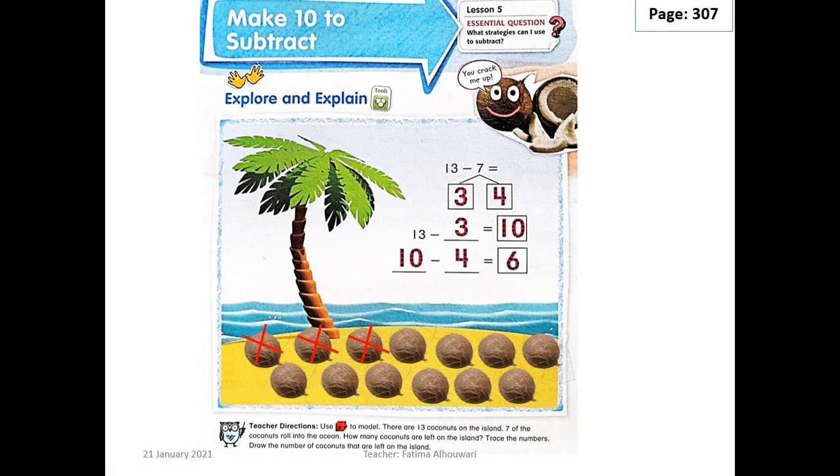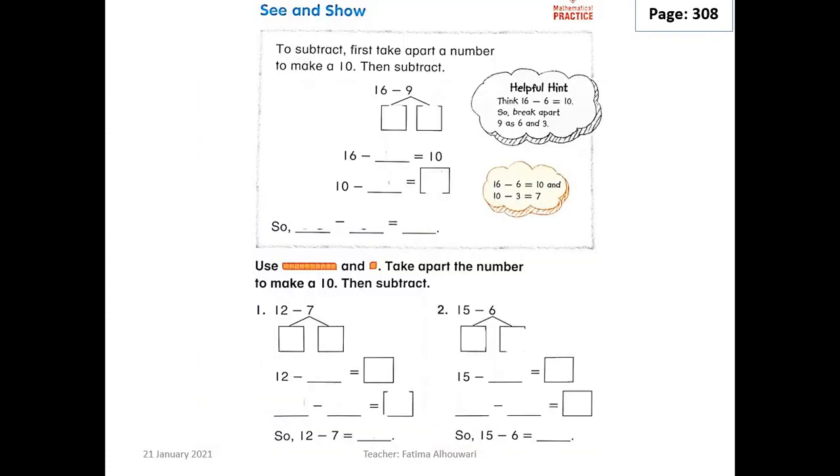Excellent, grade 1. Now we will cross out 4 coconuts and we have 6 coconuts left on the island. Amazing.